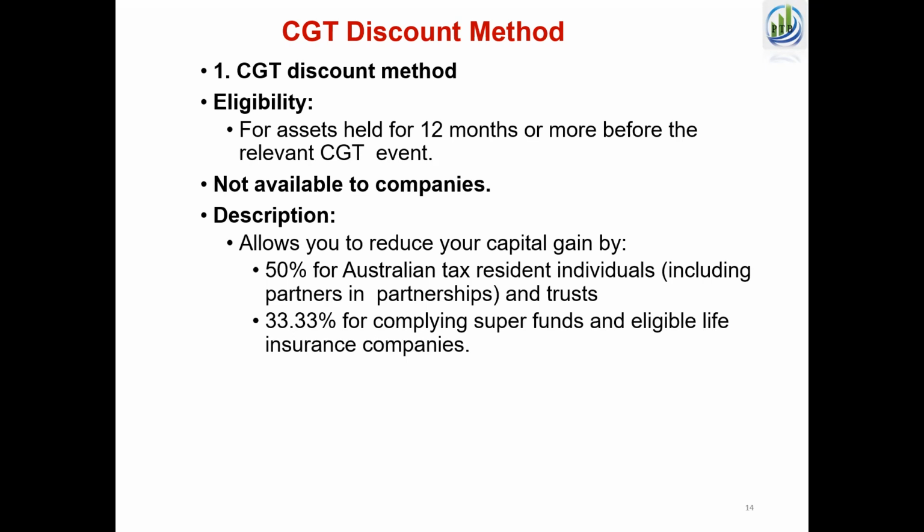Right? So that's the way this discount method works. So who can use the discount method? An Australian resident who holds the property more than 12 months, or a super fund that holds the property more than 12 months. That's very important. The eligibility criteria is 12 months or more, right?